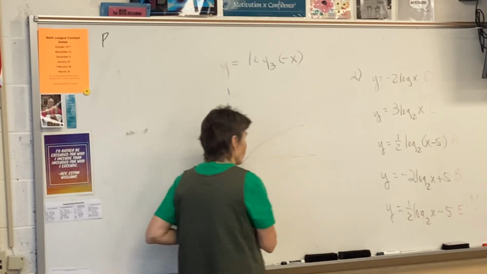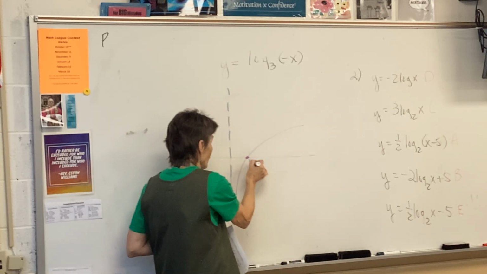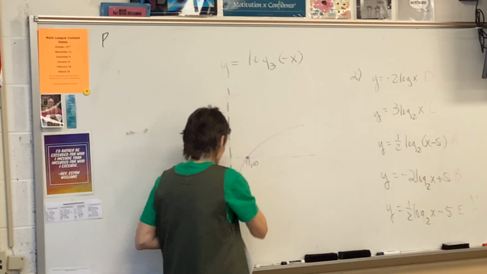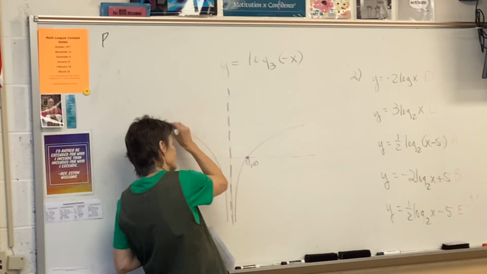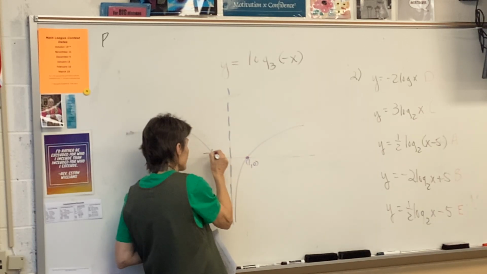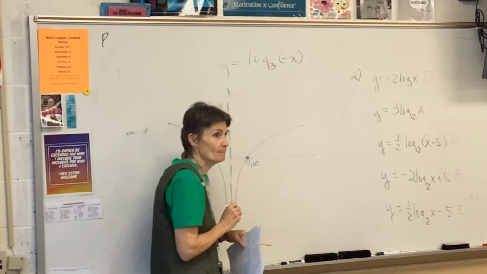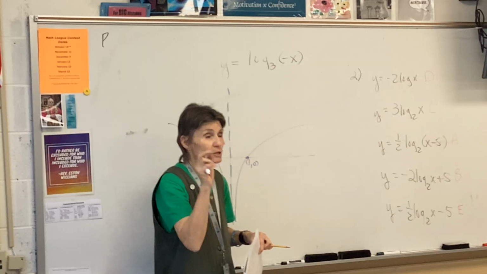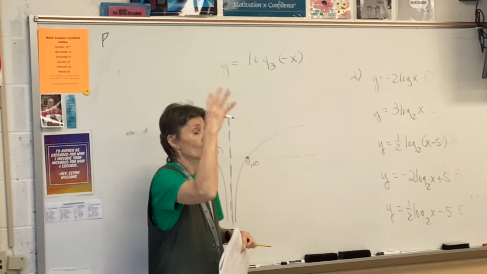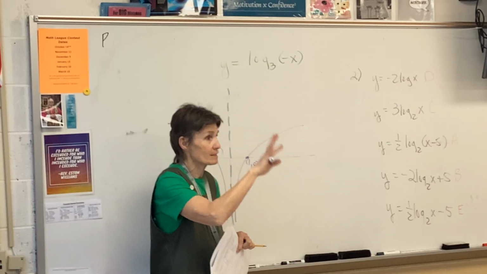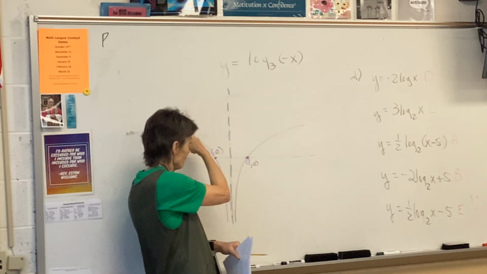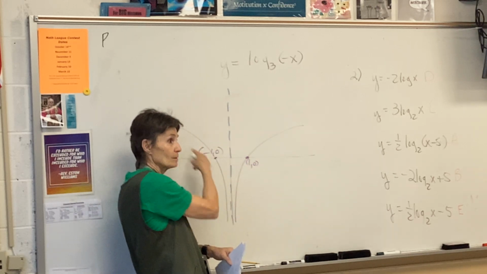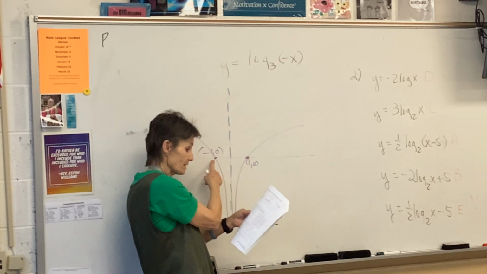This is a normal one, and the x-intercept is at 1, 0. Because we've reflected this one, our intercept is at negative 1, 0. Remember from a long time ago, changing the sign on x reflects you across the y-axis. So this guy is your picture, and there is your x-intercept.